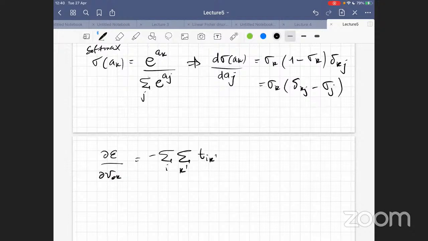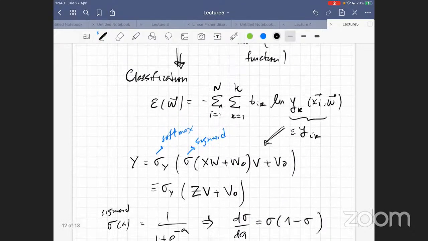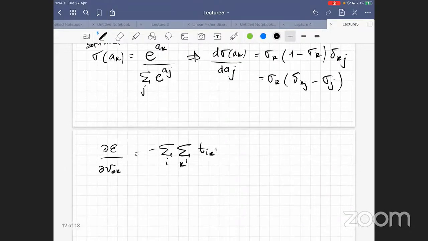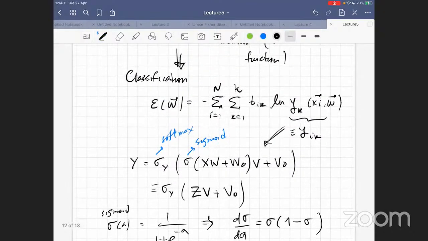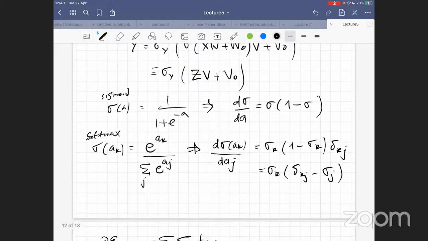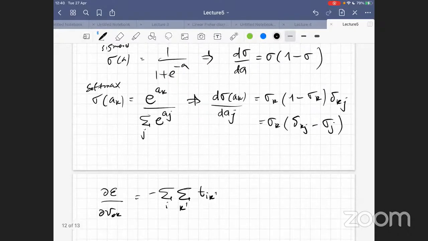So by following the definition of cross entropy up here, I have this. Then I need to differentiate this with respect to b_0, the last intercept. But this is a logarithm. So differentiating a logarithm, you have 1 over y_ik prime, d y_ik prime, d b_0k.